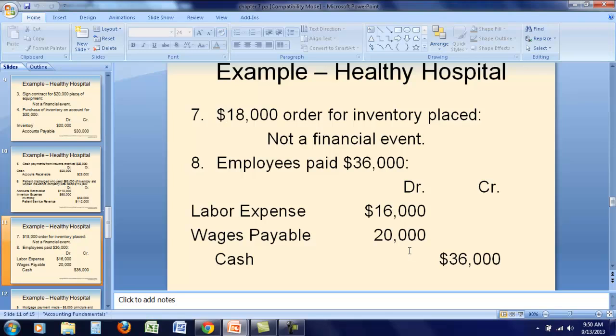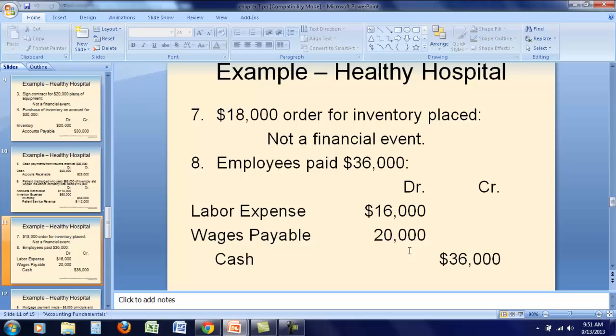So week 1 you recorded a wage expense of 20,000, and then week 2 you're actually recording your labor expense of 16. But in week 2 you're also paying the expense. So that's the reason for the 16,000 not hitting the payables. You're actually paying the cash and you're paying the entire expense. So basically, when your checks get deposited or you cash your paper check, this is the entry they would make. They would hit your cash and credit your cash.